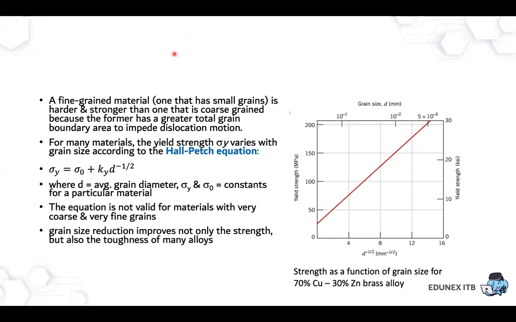If we reduce it to almost microns, here 5 times 10 to the minus 3 millimeter, or around 5 micron, we can increase the yield strength up to 200 megapascal. So that is the first approach: reduce the grain size diameter.